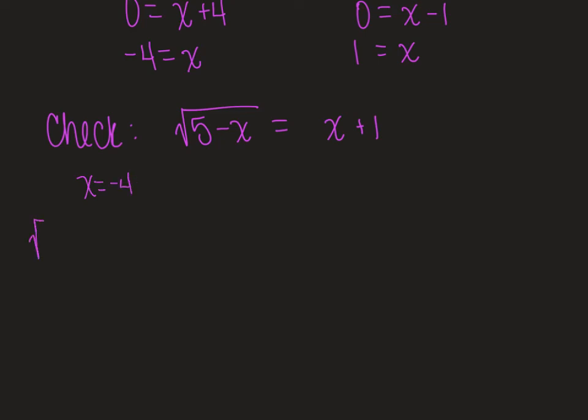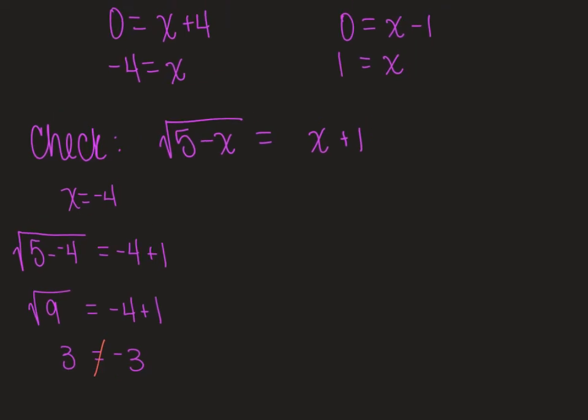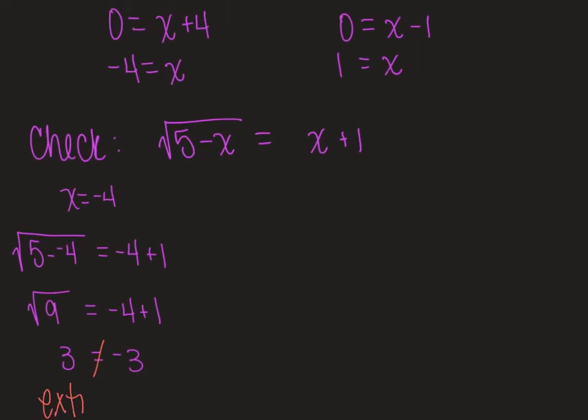So we're going to plug negative 4 in. We have 5 minus negative 4 equals negative 4 plus 1. This is telling me the square root of 9 equals negative 4 plus 1, which is telling me 3 should equal negative 3. In my book, not the same, so this is an extraneous solution.